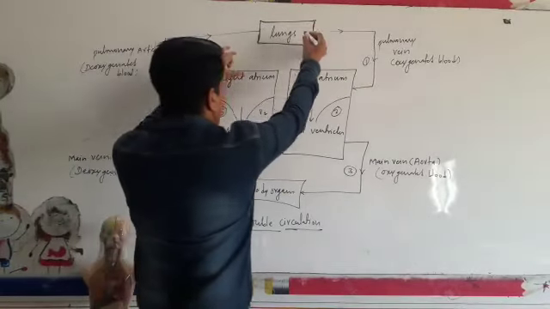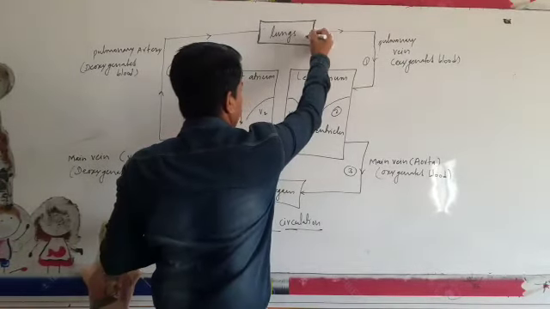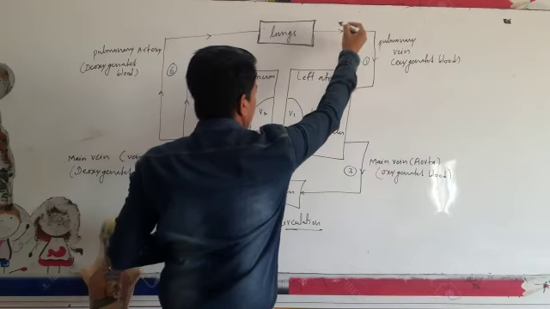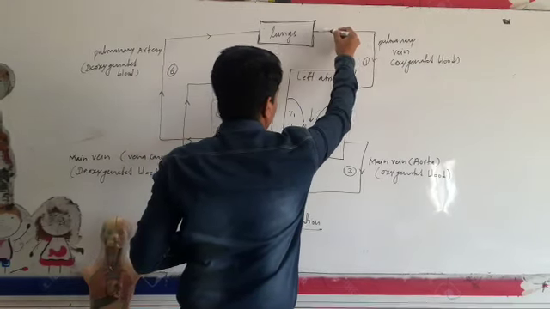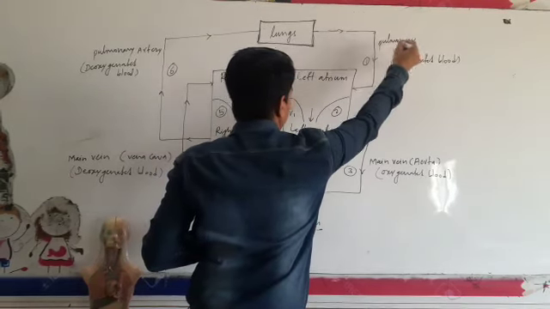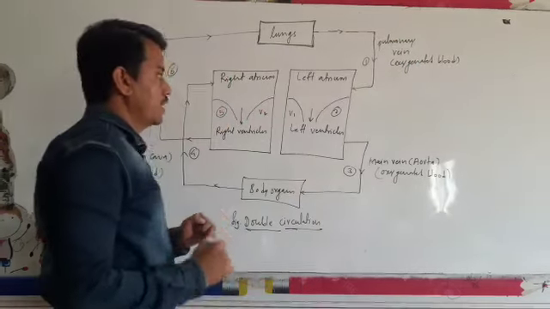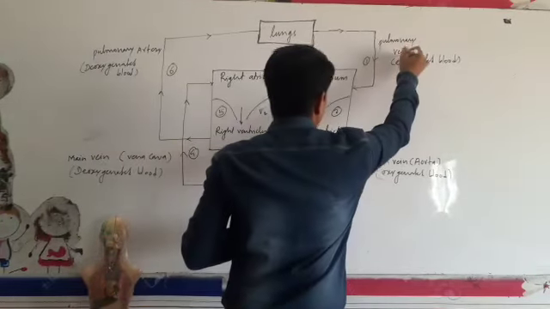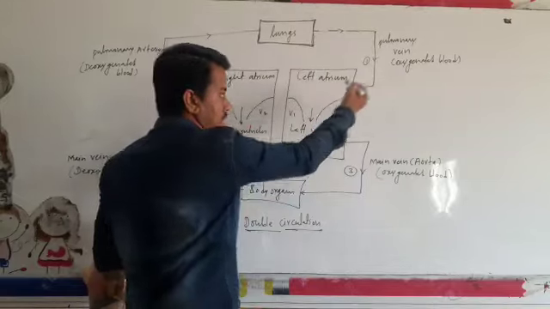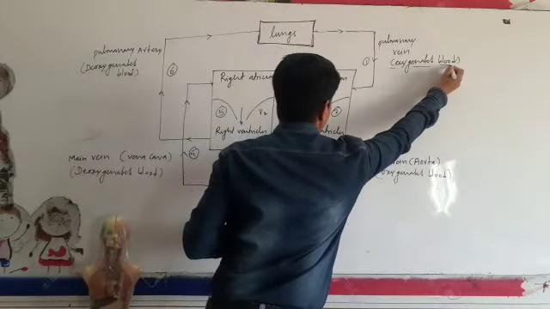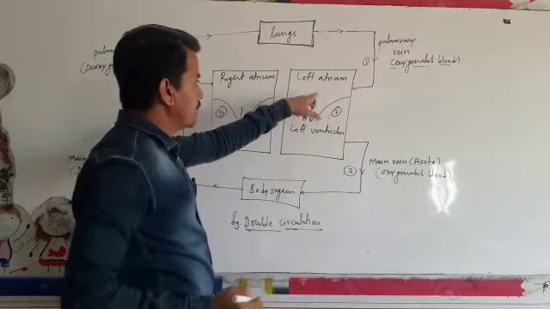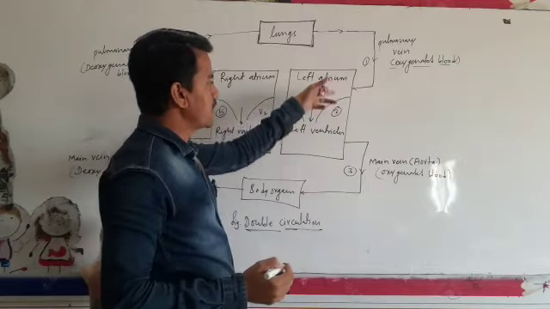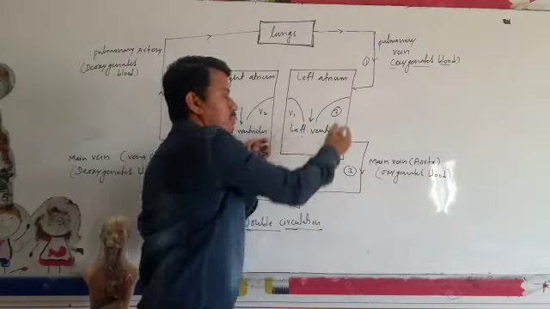When oxygen is combined with the blood, this oxygenated blood is taken with the help of the pulmonary vein. The pulmonary vein, which is attached to our heart, carries the oxygenated blood and releases it into the receiving chamber, the left atrium.